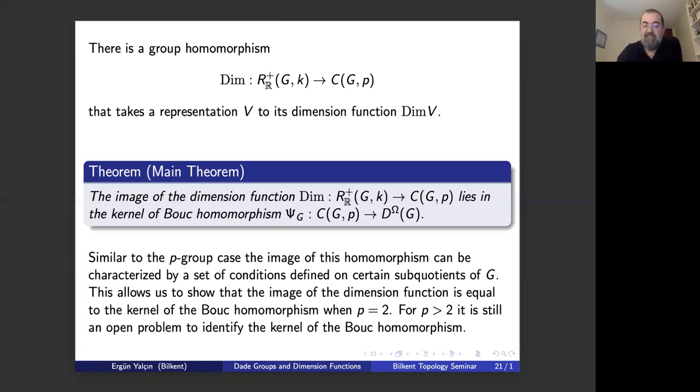Okay, a few minutes left, so I will take maybe 2 or 3 minutes extra, if that's okay, just to finish what I'm saying. So this is our main theorem, that the kernel of the map from the class functions to d omega includes the dimension functions of real representations, but may or may not be equal for p odd.